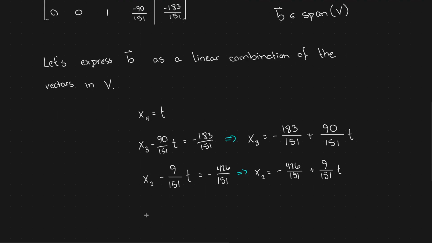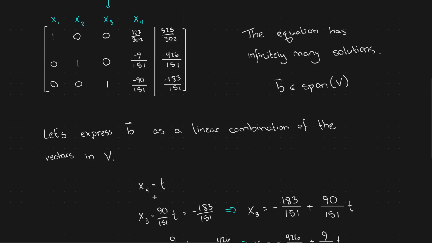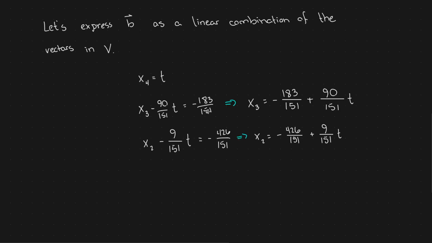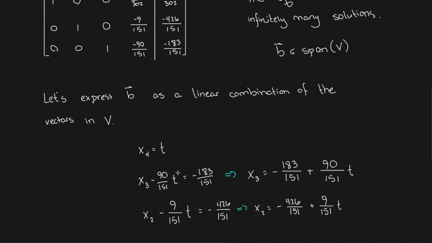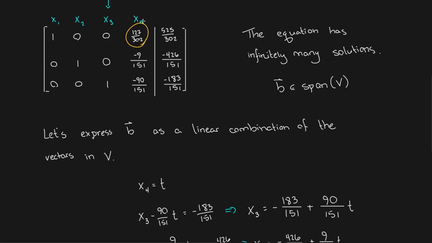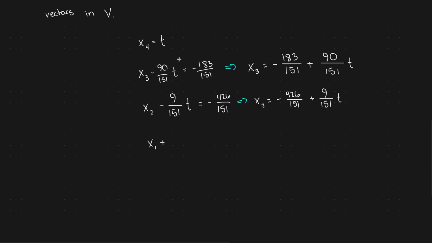Okay? And finally, let's use our first row to get our first equation to figure out what x1 is. That's going to be 1x1 plus 127 over 302 x4.